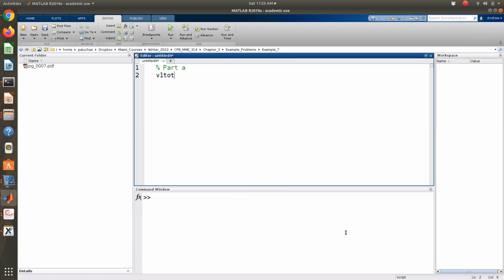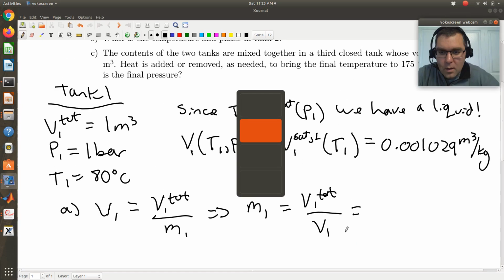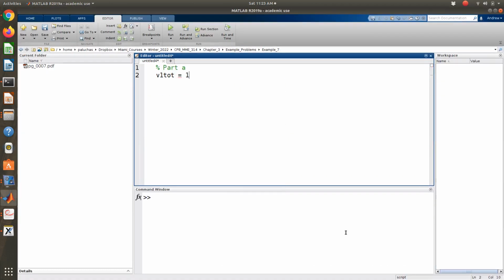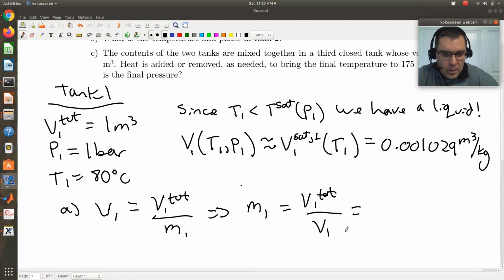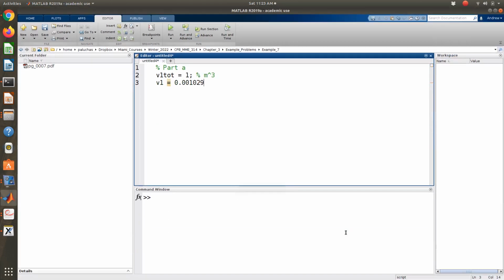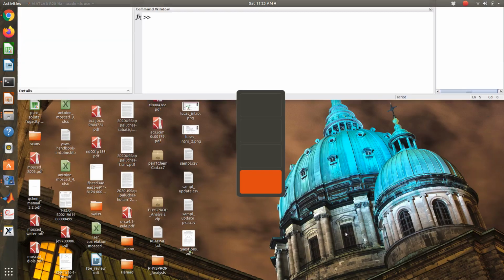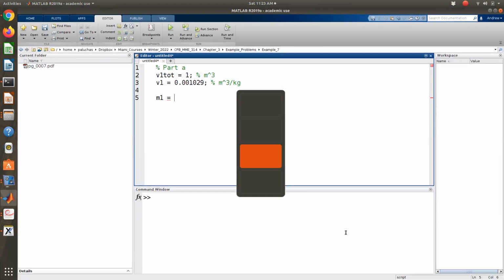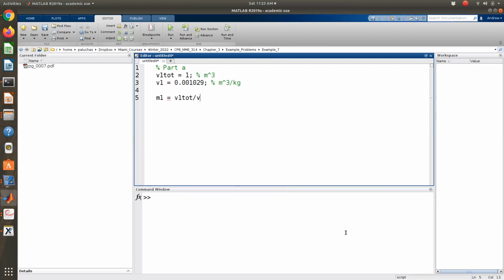So V1 total is 1 meter cubed, and then V1 of my liquid is 0.001029 meters cubed per kilogram. So my mass is going to be equal to V1 total divided by V1.